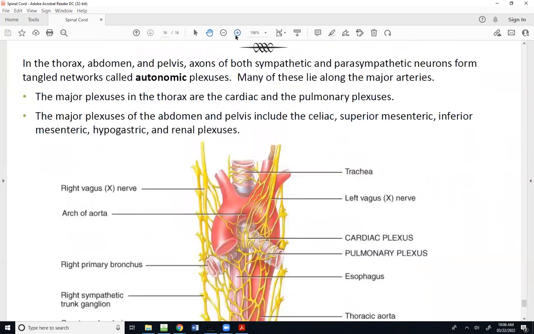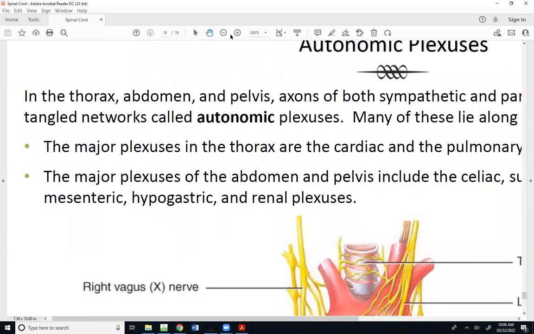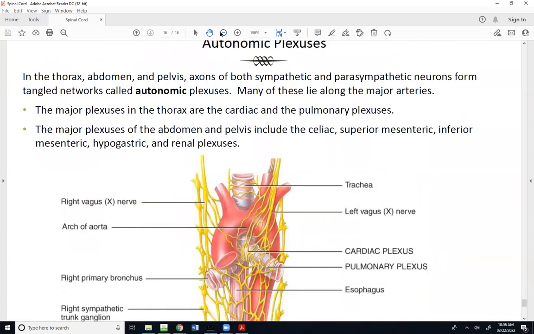Now, just like with those plexuses that are going to form nerves that feed our arms and legs, our autonomic nervous system and those neurons of the sympathetic and parasympathetic divisions can create what we call autonomic plexuses. These are found specifically in the thorax, so your chest, as well as the abdomen and your pelvis. It's both axons of sympathetic and parasympathetic nervous systems. Many of these lie along major arteries.